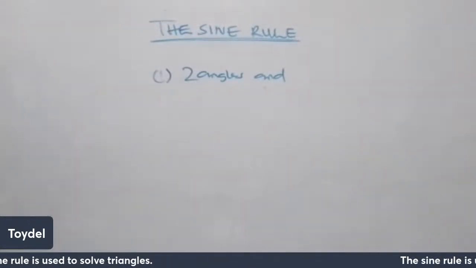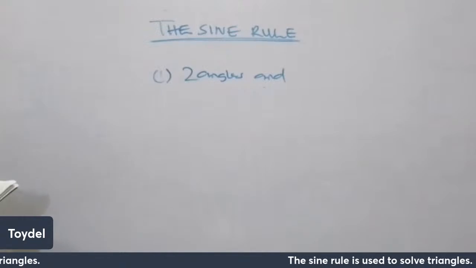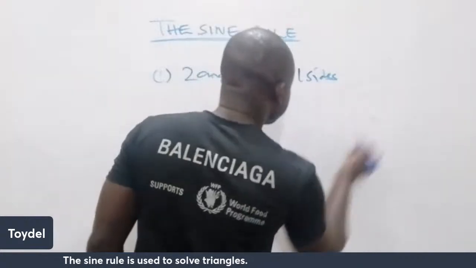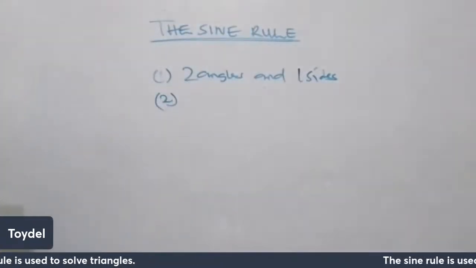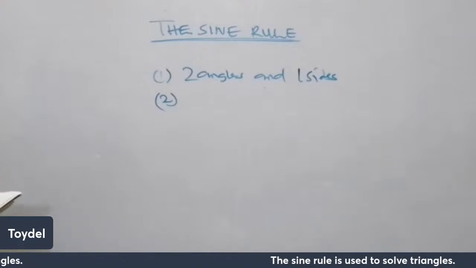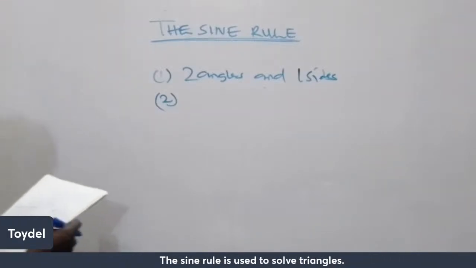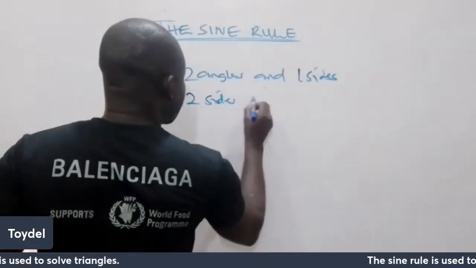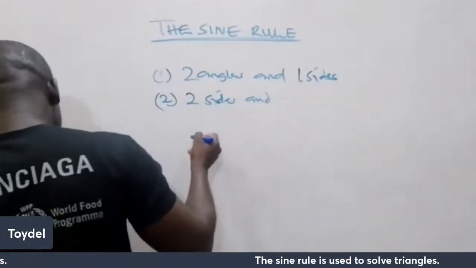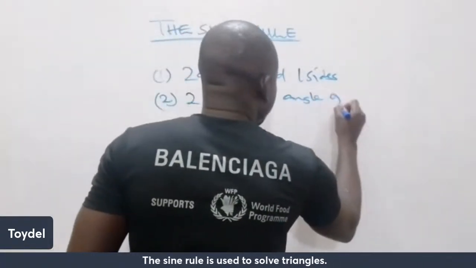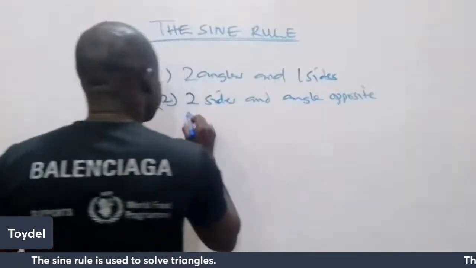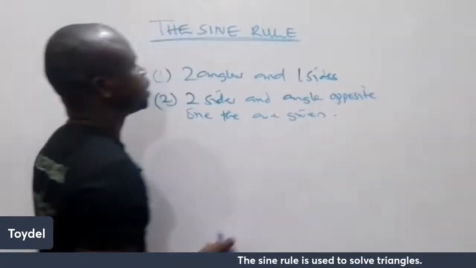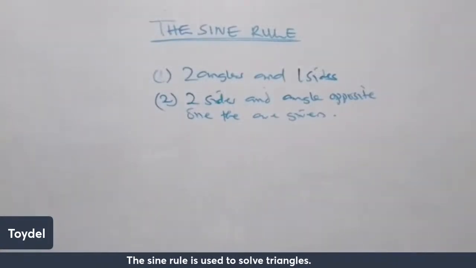Or when we have two sides and the angle opposite one of them, we can go ahead and apply the sine rule, because there are conditions to apply it.